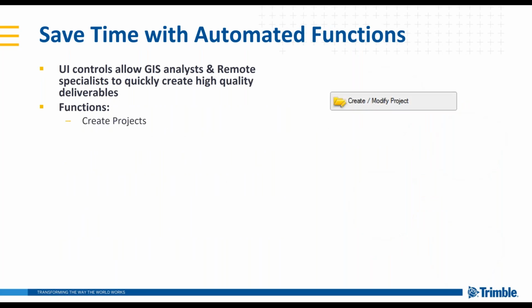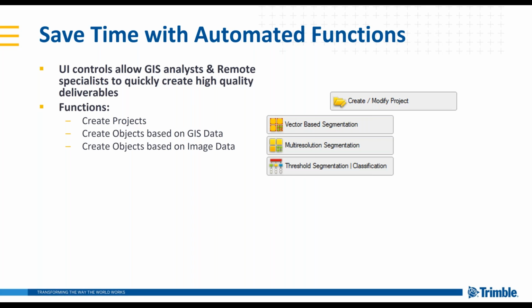Some of the user interface controls and functionality that is available. We have a create projects dialog that will easily walk you through the creation of these projects that are needed for the image analysis. We can create objects based on GIS data.